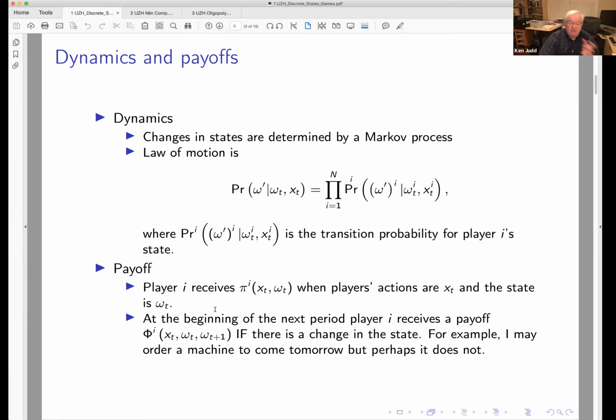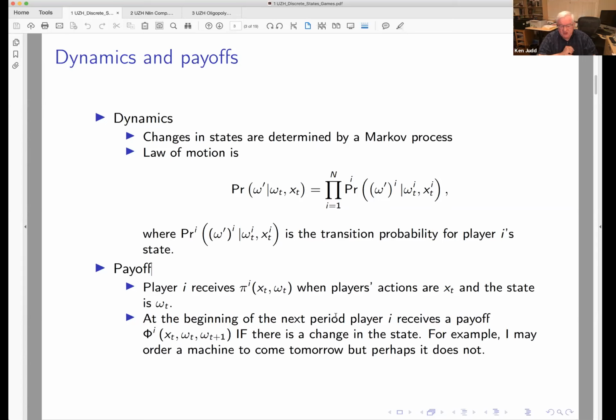And so if you're successful in getting the factory, then you pay for the factory when it arrives the next day. So that's what this complicated notation is meant to capture. You don't want to say, I spent $1 billion trying to get a factory tomorrow, and then it doesn't come.